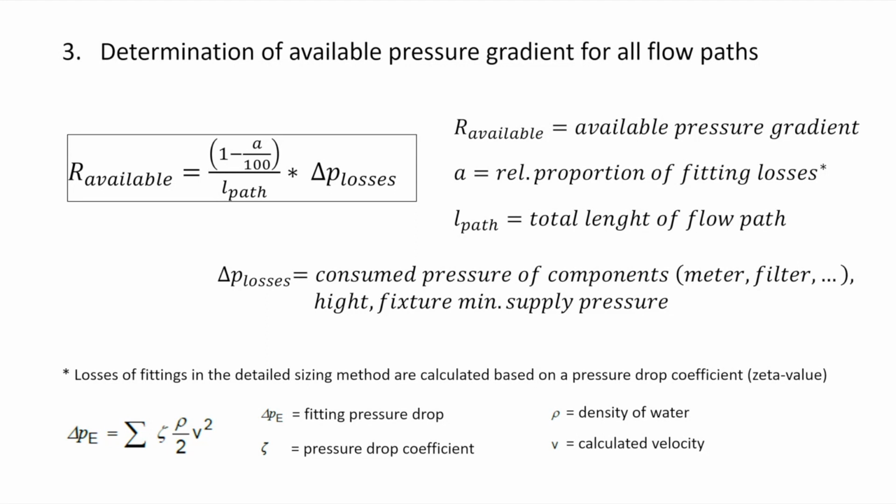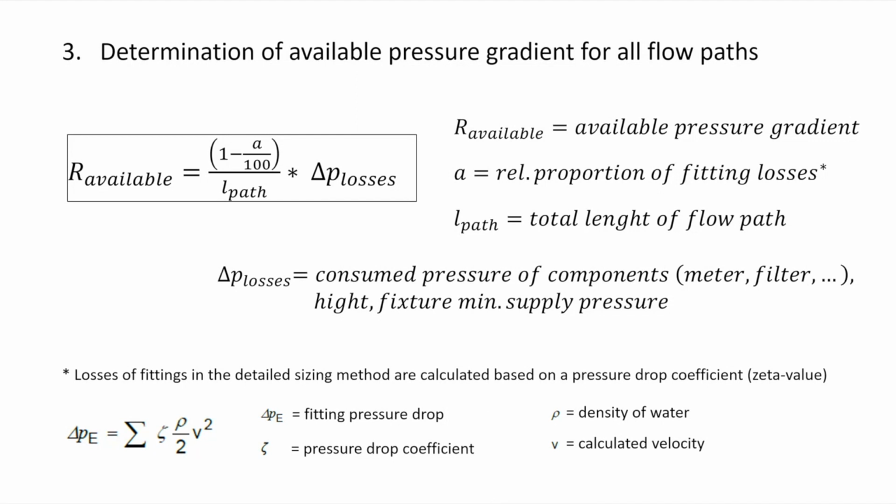You're also deducting the minimum pressure that we require at the fitting that we've seen in the table on the second slide before. So if we need 1 bar at the toilet, that needs to be deducted as well. And then you end up with an available pressure that is to be wasted on pipe length.